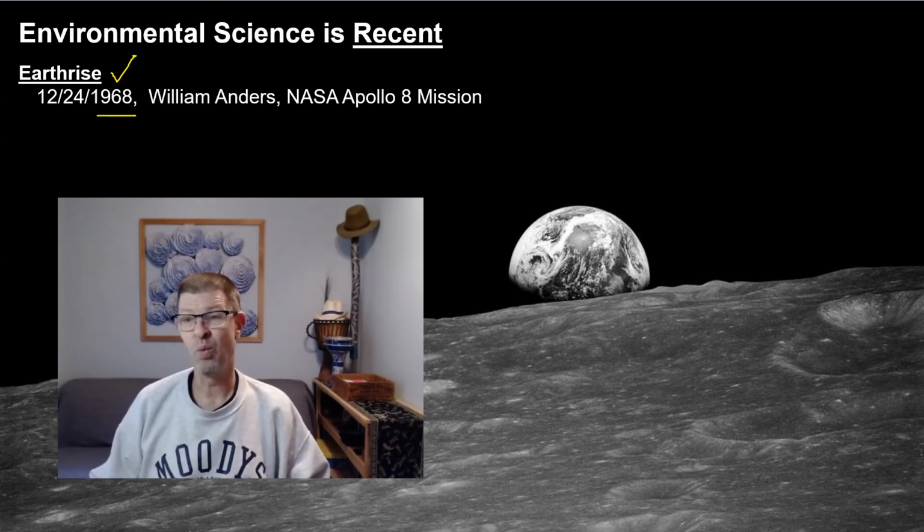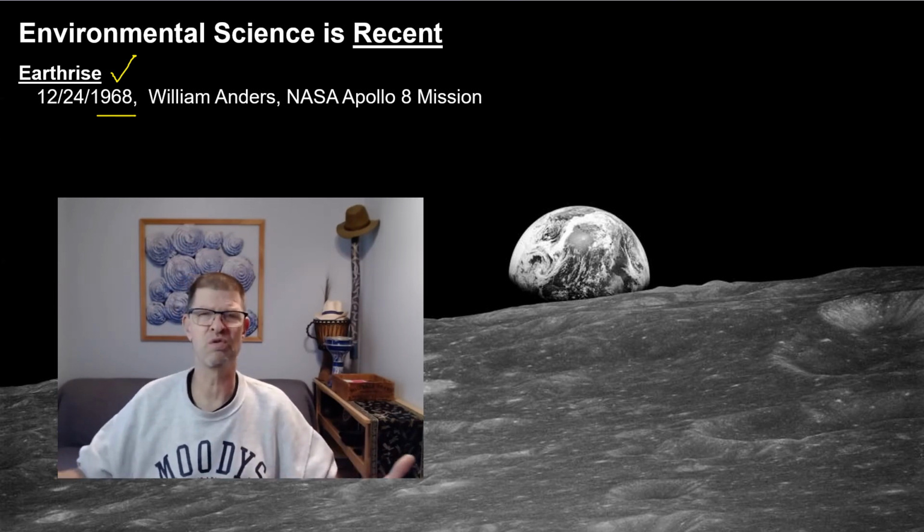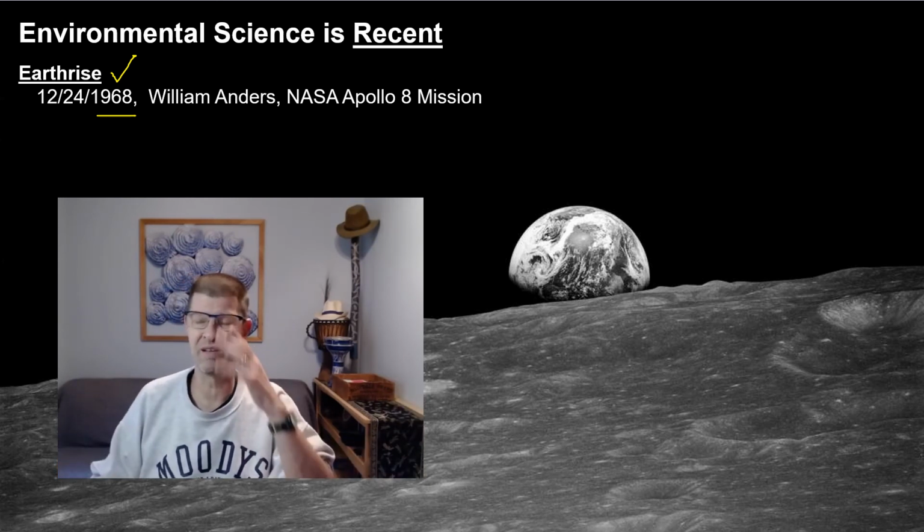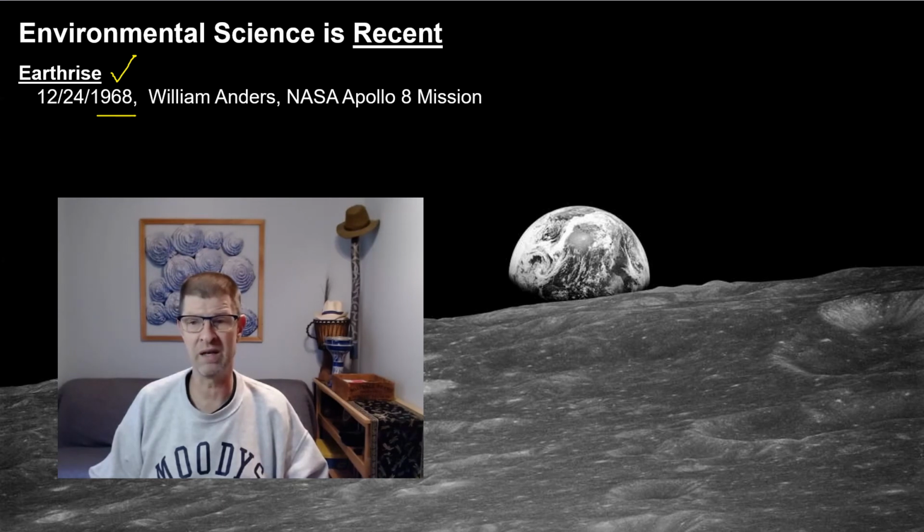But when this photograph was released for people to see all around the world, it was just at about the same time that lots of environmental issues were coming up. Pollution and problems like, for instance, Rachel Carson had recently written Silent Spring.